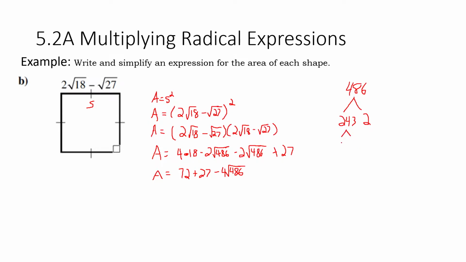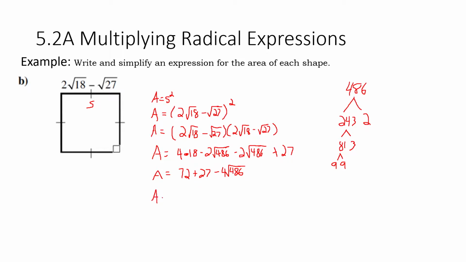That's going to be 81. And 81, we know that's a perfect square of 9 and 9. We're going to be happy with leaving those factors like that. We can split it into 3 and 3, but we got our perfect square there. So 486 is the same as 2 times 3 times 9 times 9.